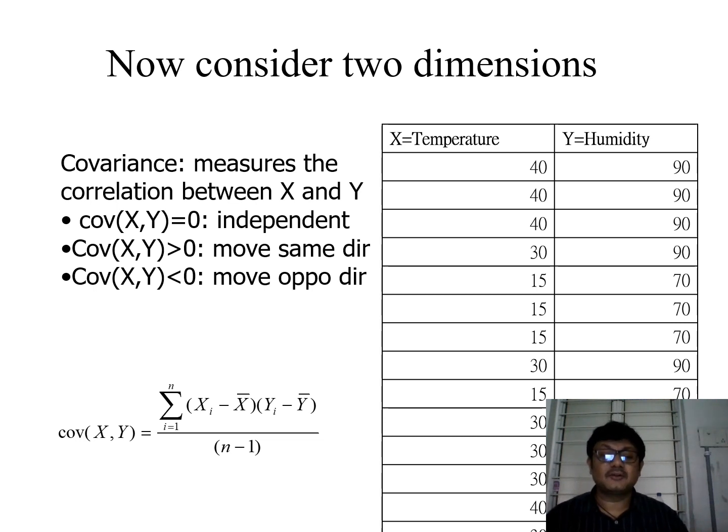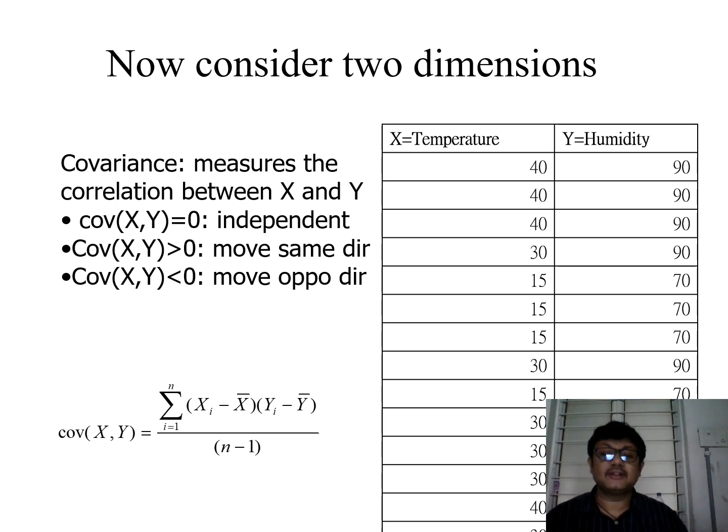If the covariance of xy is equal to 0, then we can say that they are independent. If the covariance of xy is greater than 0, that means they move in the same direction. If the covariance of xy is less than 0, then they move in the opposite direction.